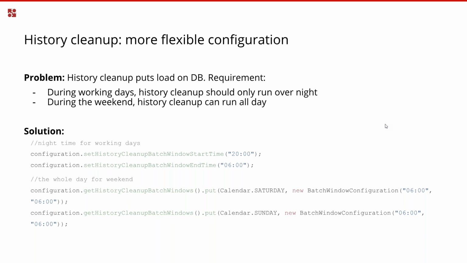Now this got even more powerful, because you can say that during working days you want to run it overnight, but during the weekend you want it to run all day. This is inverse to the case where the actual work is done during business hours and overnight we can delete stuff. So this is powerful tuning to control when the history cleanup is running.